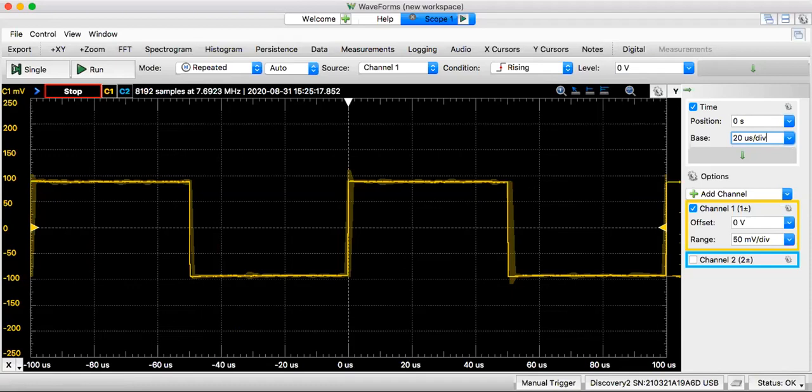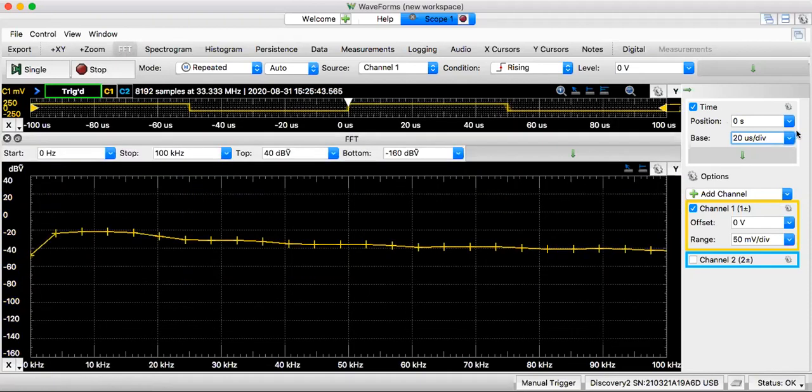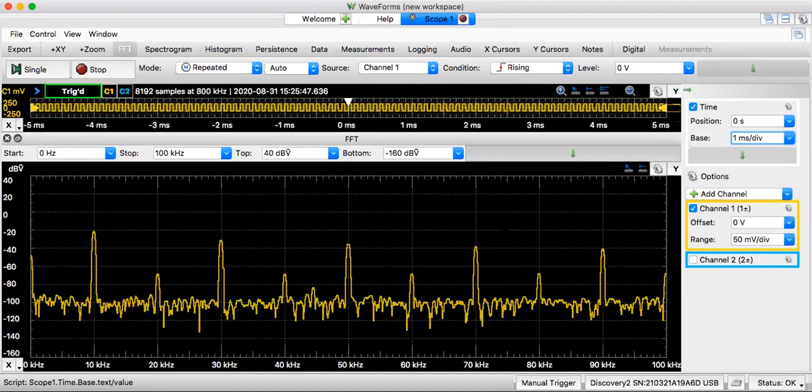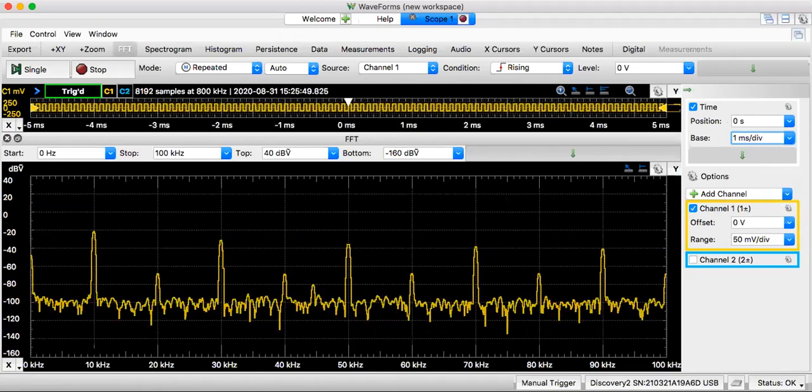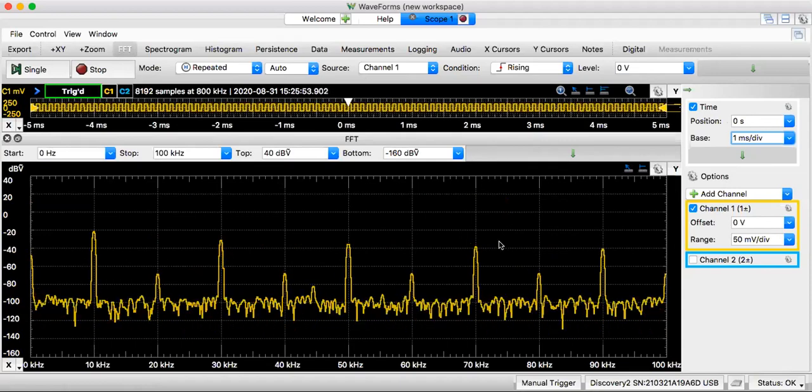So that's the difference between the theory and the real world. In the real world, nothing is perfect. So if you look at it in FFT, you don't see a perfect series. In theory, we only have this guy, this guy, this guy, this guy.